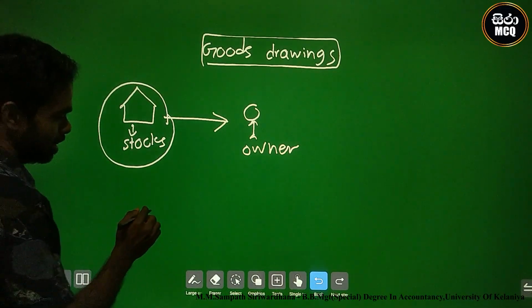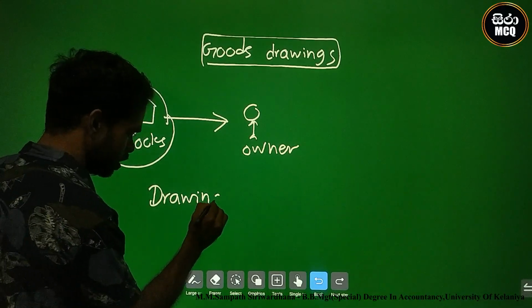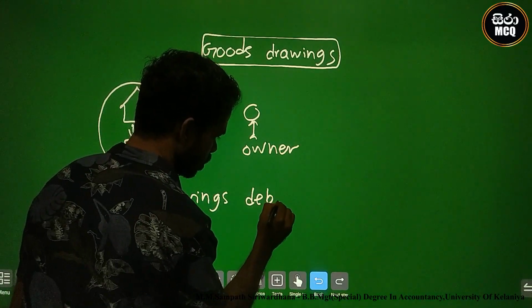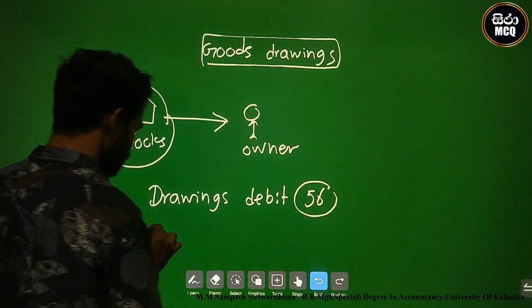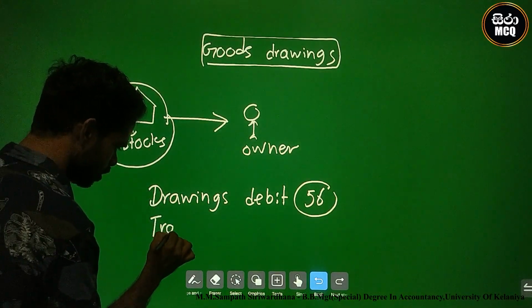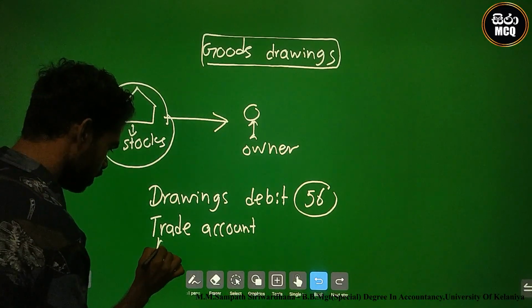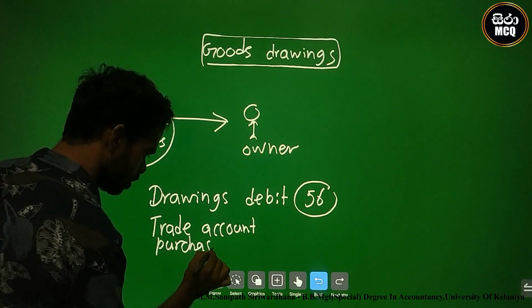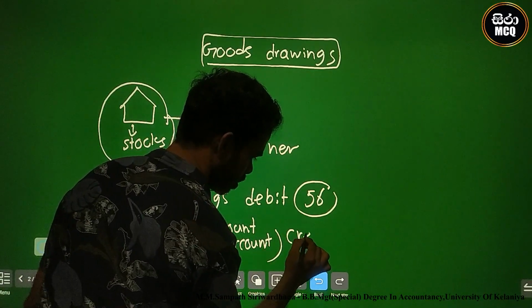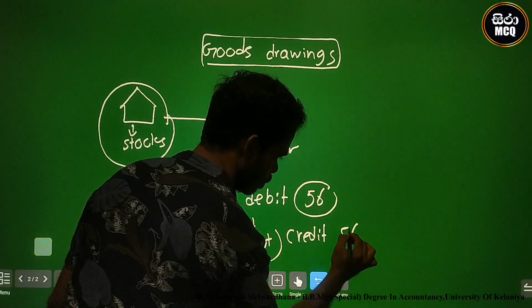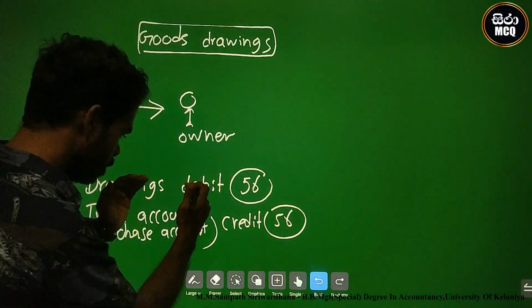What is the double entry? Debit drawings 56,000. Credit the trade account, which means the purchase account, 56,000.